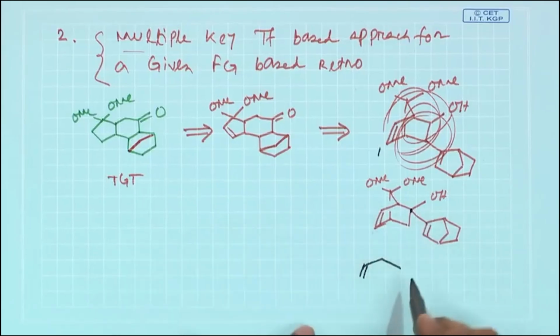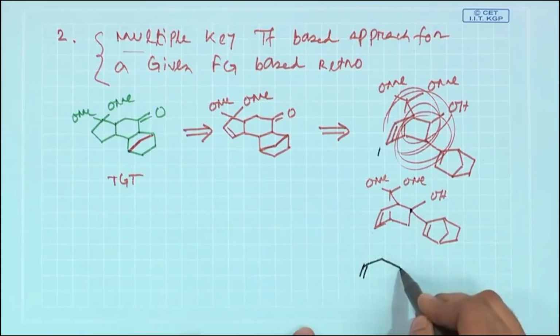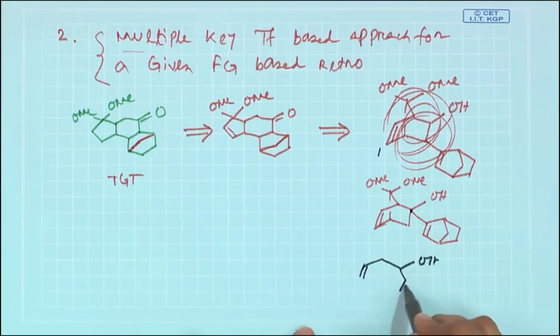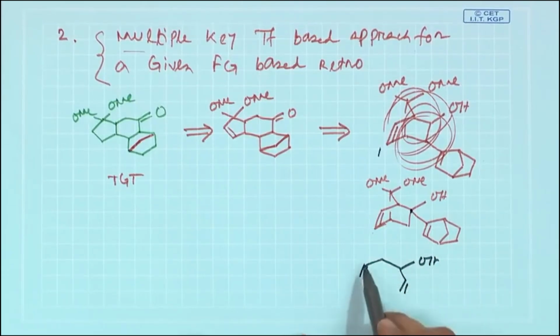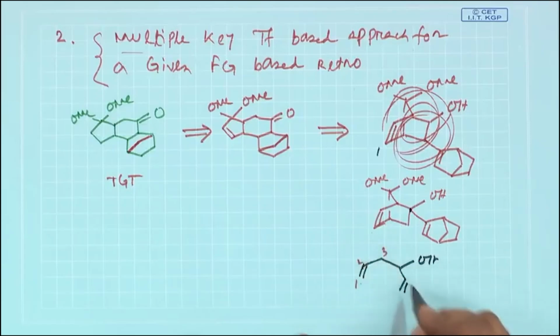Now, this 2 pi network basically has, so 1 2 3, I write 1 2 3, this is the right 1 2 3. Now, this fits perfectly into a sigmatropic rearrangement based transformation.